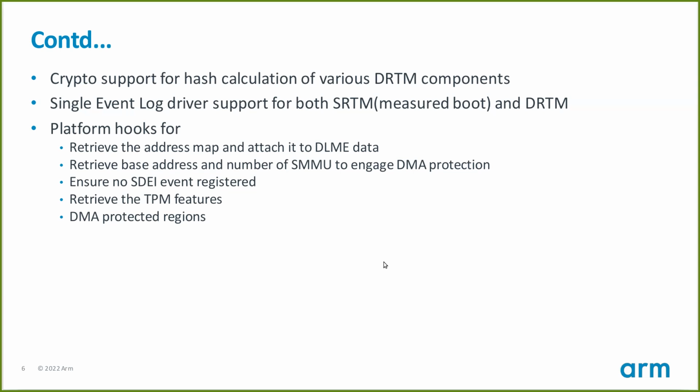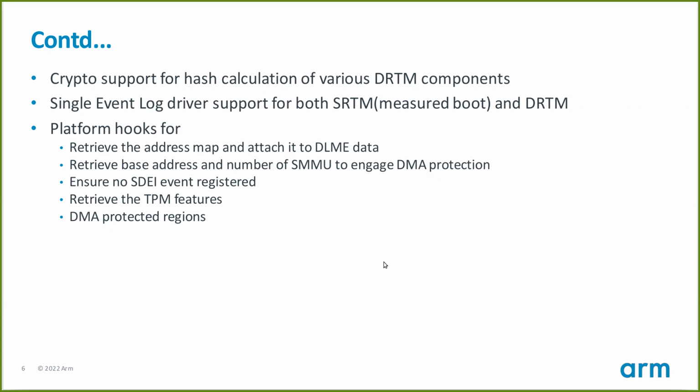These are the platform hooks, which are all documented in the current patch stack, and which are mandatory to support DRTM on a given platform. One of them is retrieving the address map and attaching it to DLME data, retrieving the base address and number of SMMUs to engage DMA protection.